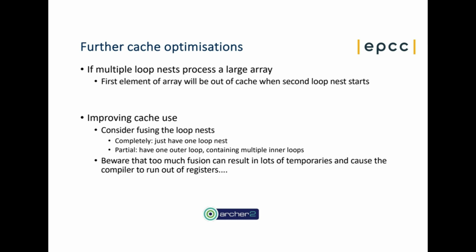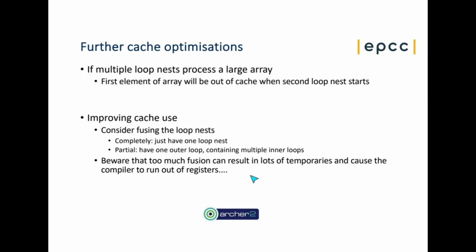So what can you do? Well, you can think about fusing your loop nests. As long as the iteration spaces match sufficiently well, you can put it all into one loop nest. You can either do it completely, or you can do partial fusing.